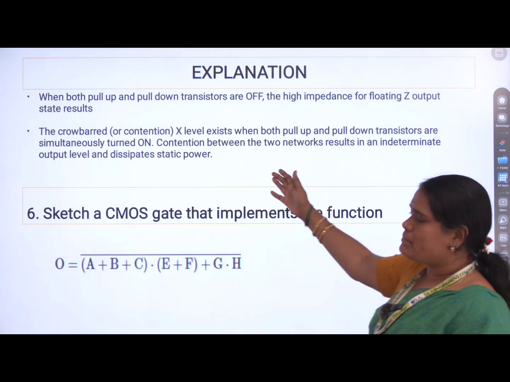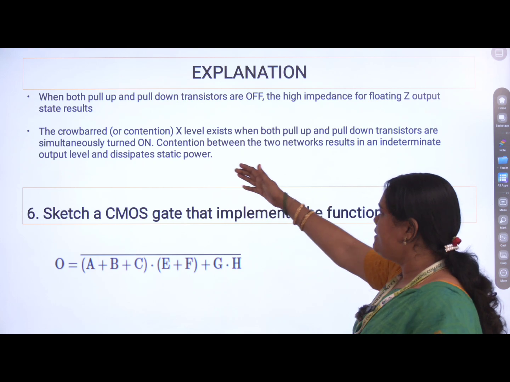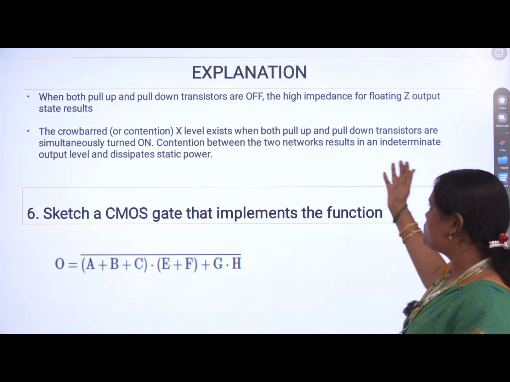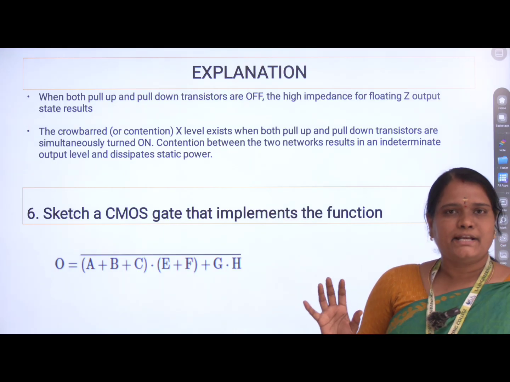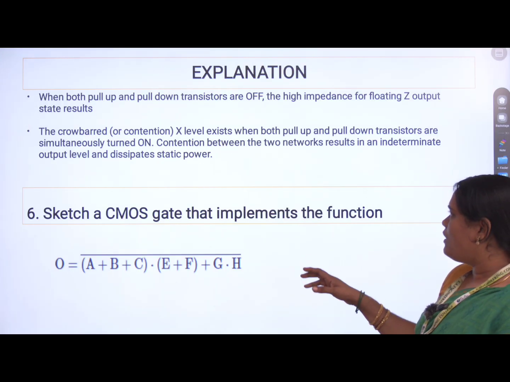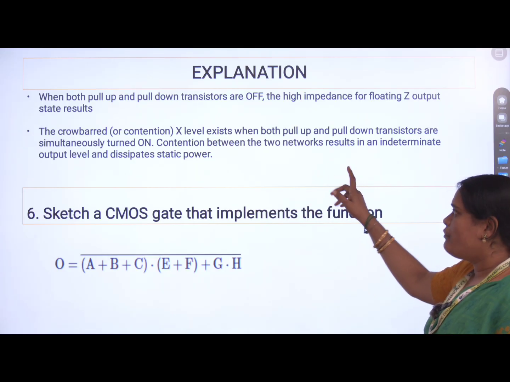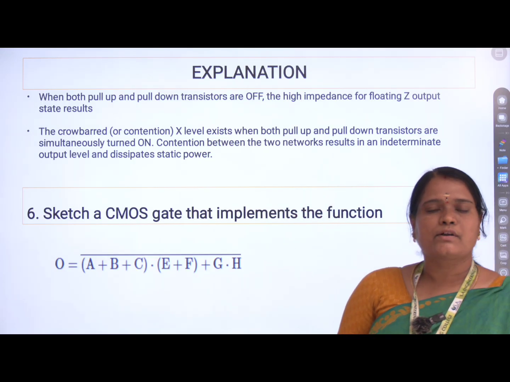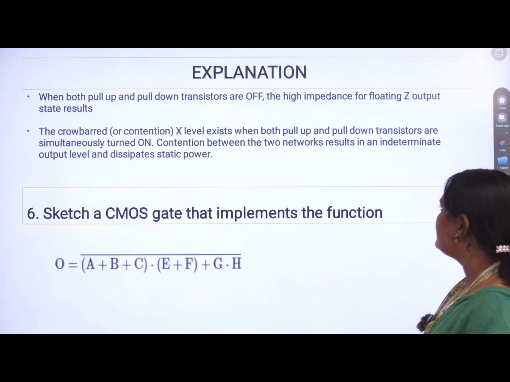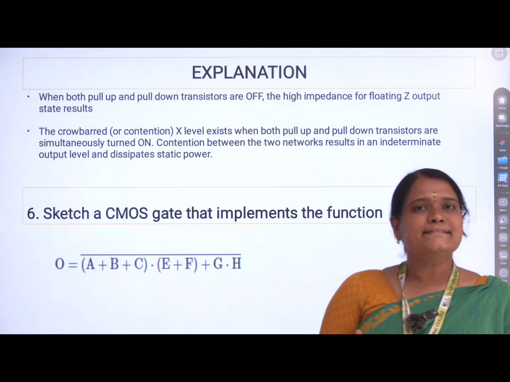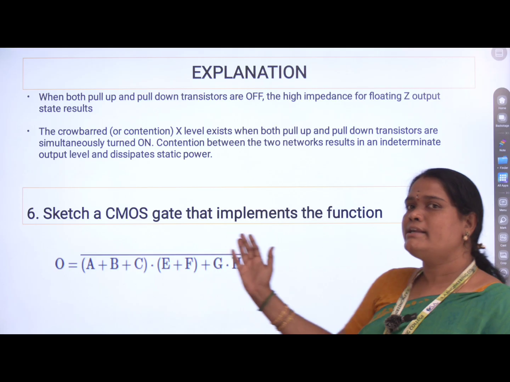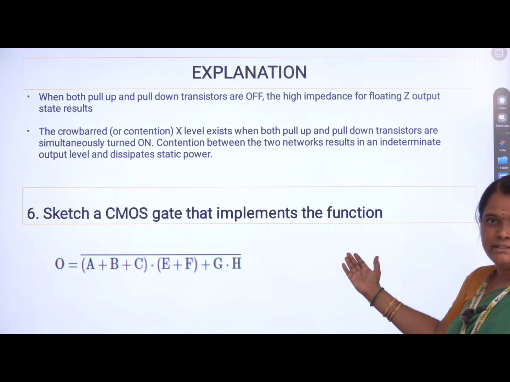So here is the explanation for the crowbar state. When both pull-up as well as pull-down transistors are on, high impedance or floating output states will result, because this exists when both transistors are turned on or off simultaneously. This condition is called contention because this output leads to static power dissipation.